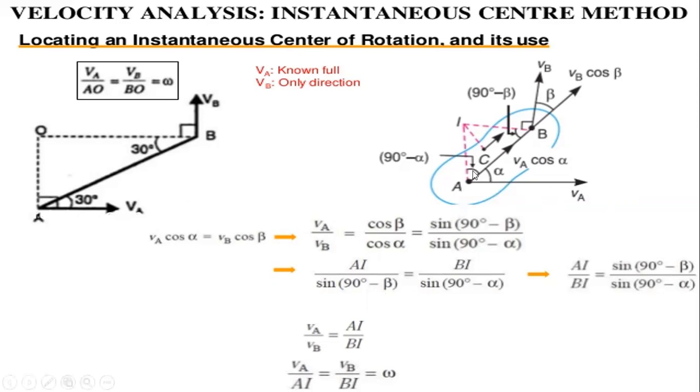And I'm taking the velocity of A cos alpha. So the cos alpha is taken in the x direction as well as the perpendicular direction also. I'm taking the VA cos alpha. So the angle between the A and B link is alpha to the velocity of A direction.